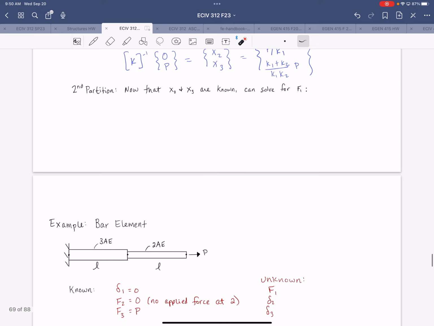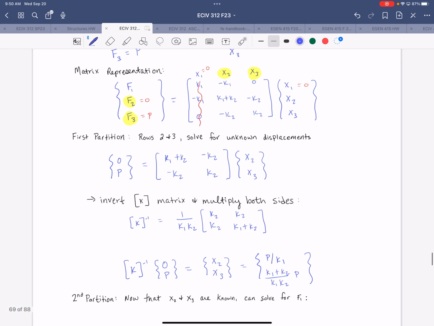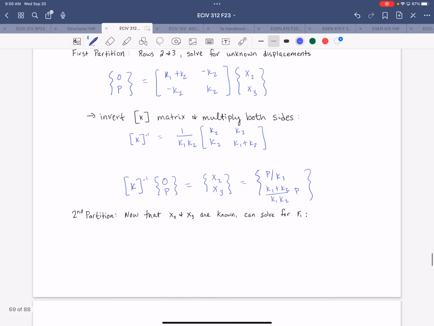All right, I know we're out of time, but the last part would be to go back to that first equation right here, F1 is equal to negative K1 times x2 plus 0 times x3, and find that reaction force.